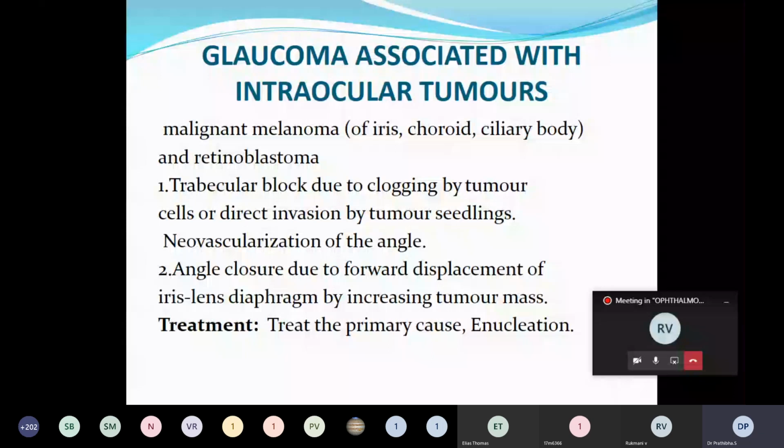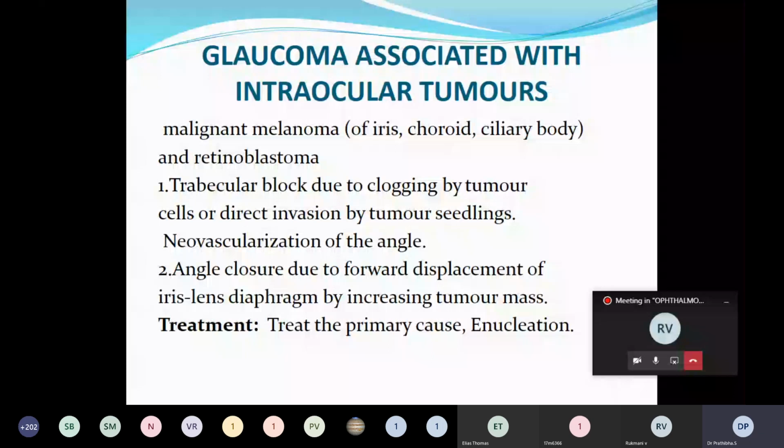In inflammatory glaucoma, the inflammatory cells go and block there. Here, the tumor cells go and block the trabecular meshwork. Sometimes even a direct invasion by the tumor seedlings can happen, and then new vessels on the angle can appear, which will lead to neovascular glaucoma also.